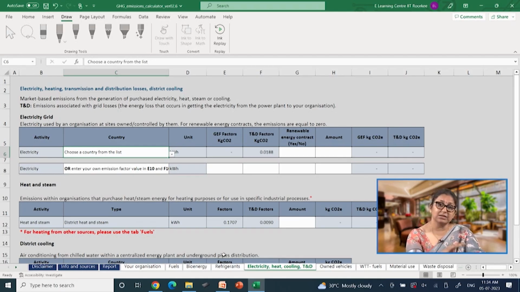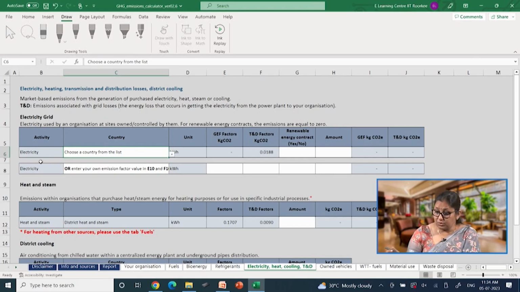Now, here in this particular sheet, we have not talked about the industry process emissions so far, but the other two types of emissions are already covered. Also, the emissions due to transportation are going to come later, but this particular part in between is for scope 2 emissions. So, we are talking about how much electricity is being purchased from the grid.